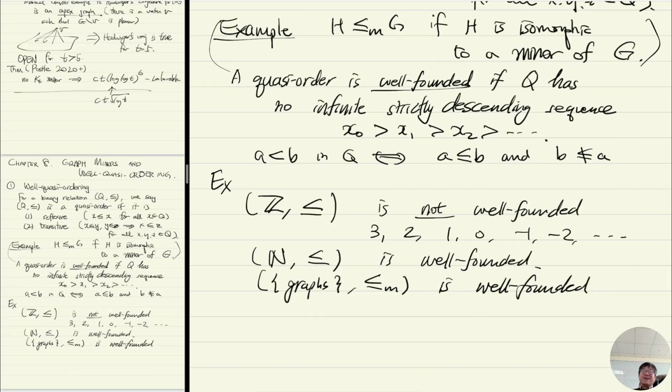Because when you go strictly down, you start with some graph and take a minor, going from G1 to G2, then something must have decreased. The number of vertices decreased or the number of edges decreased. And this cannot continue, because the number of vertices plus the number of edges is a non-negative integer. So it's well-founded.